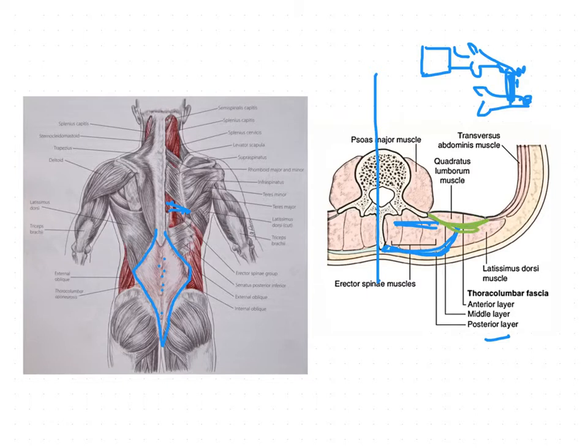Superiorly, the posterior layer continues on the back of the thorax where it is attached to the vertebral spines. Normally it reaches the thorax and is also attached to the vertebral spines and the angles of the ribs. As you have studied in the thorax, here you can find the angle of the rib, and it goes anteriorly like this.